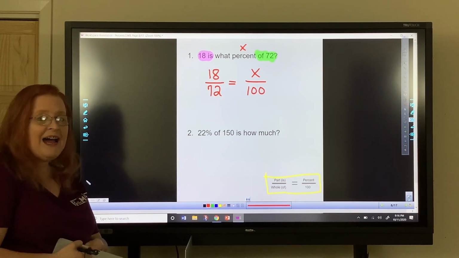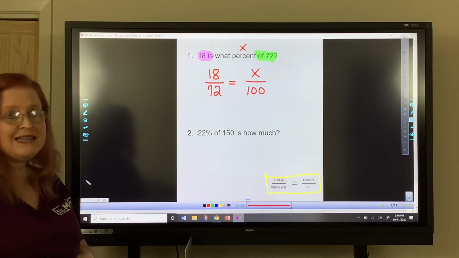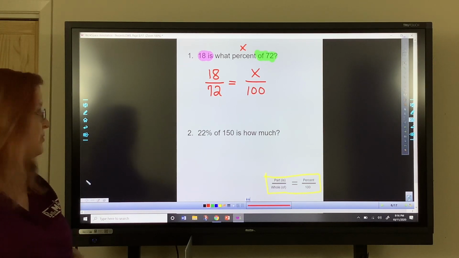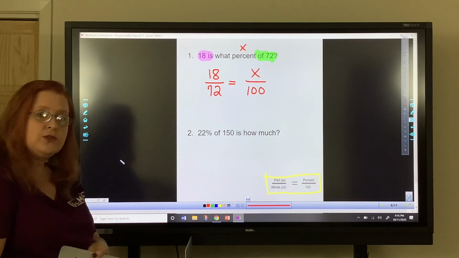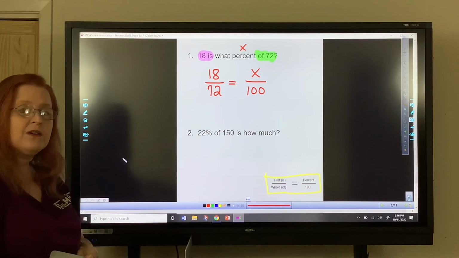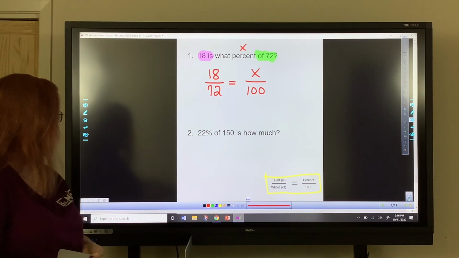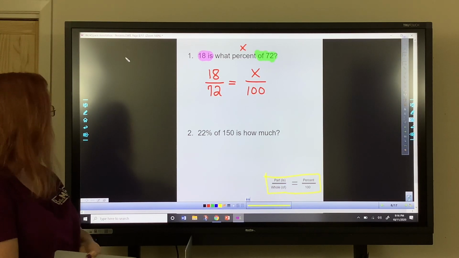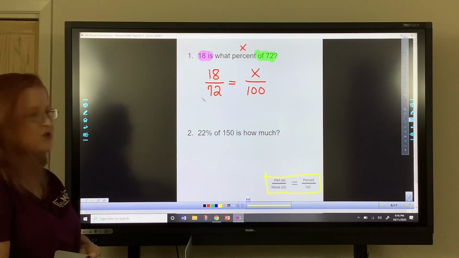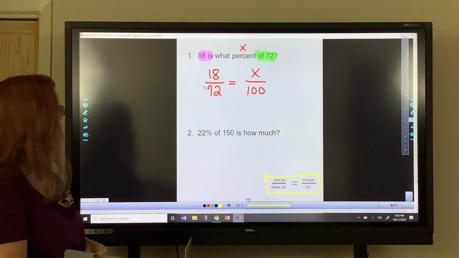Okay, I know that 18 over 72 can reduce. I'm going to reduce that first because it makes solving this problem easier. So 18, I know I can reduce it by 9, so let's try 9.